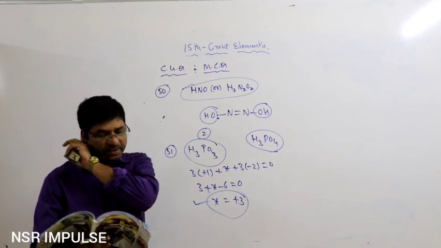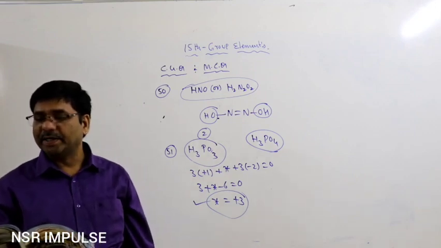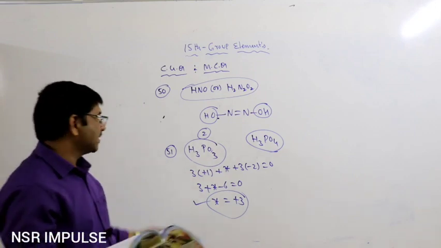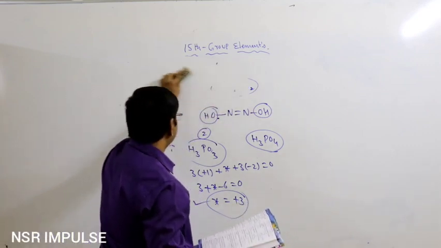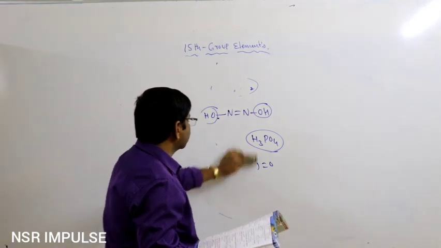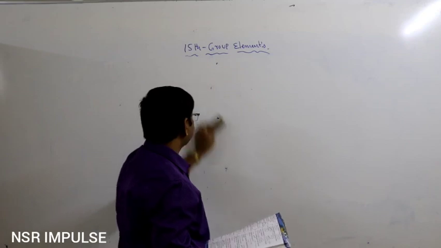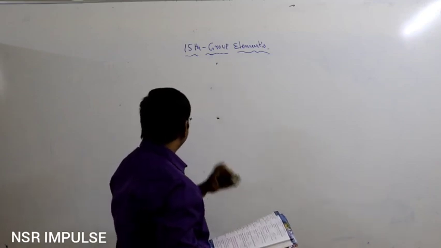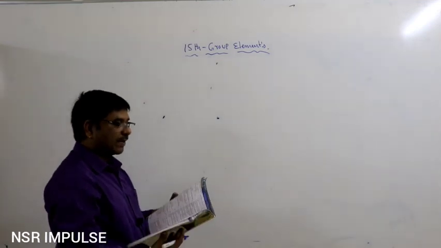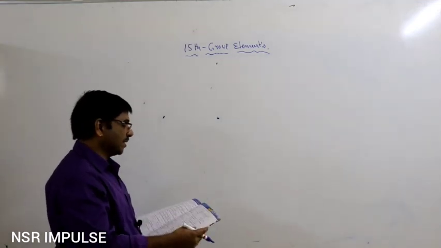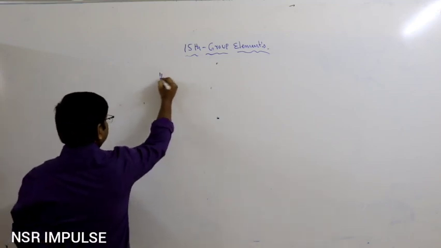Question 52: a tribasic acid with peroxy bond is. Which compound comes? A phosphorus oxo compound containing trihydroxy groups with peroxy bonding. First option is H3PO2.